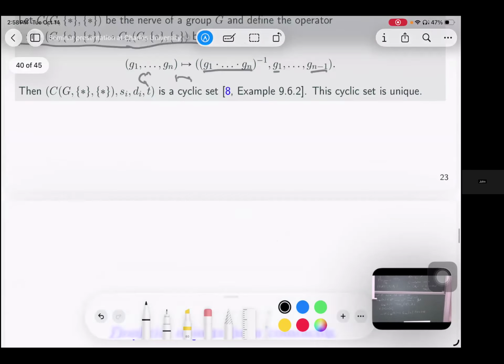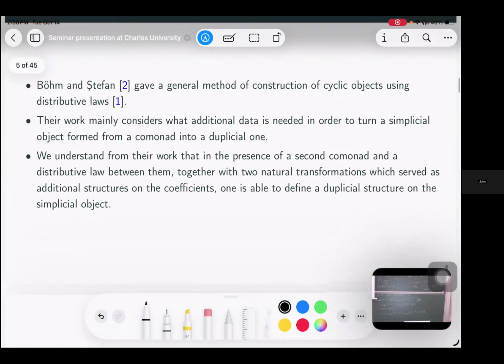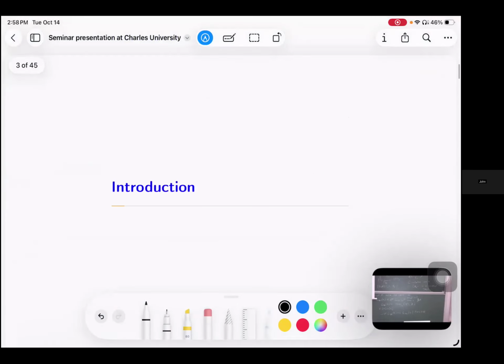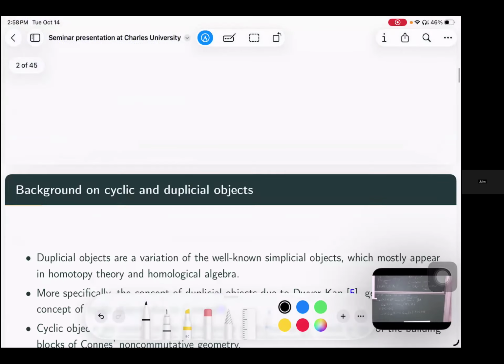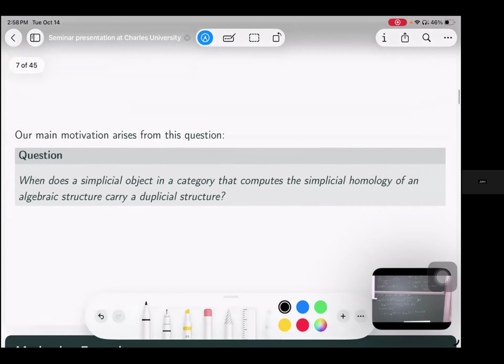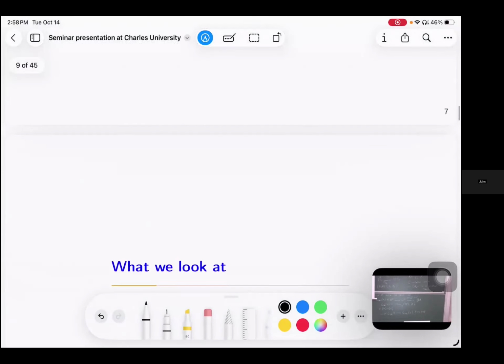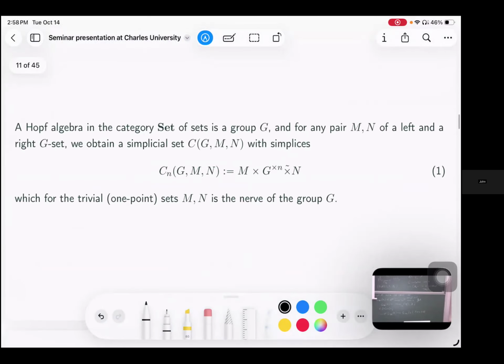Yes, so from the start of the talk, I'm just looking at Hopf algebras in the category of sets. Your observations are all correct. All I'm doing is Hopf algebra in the category of sets.